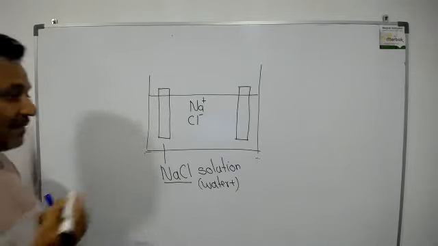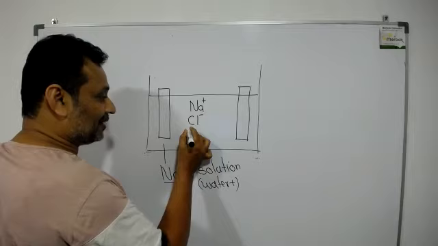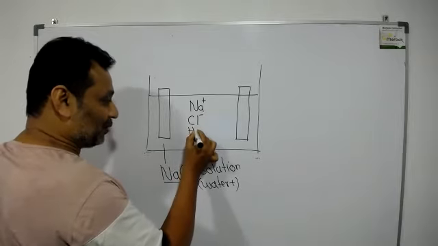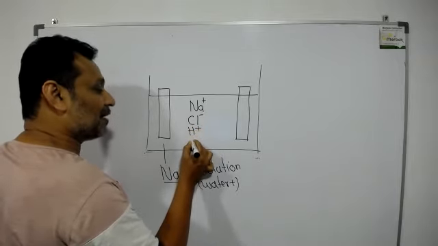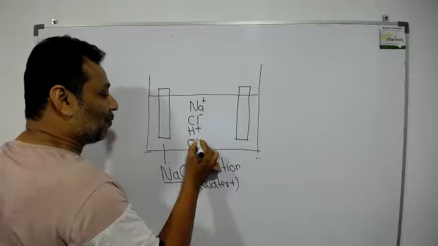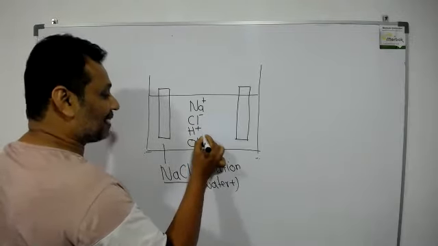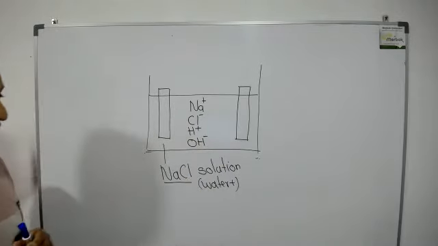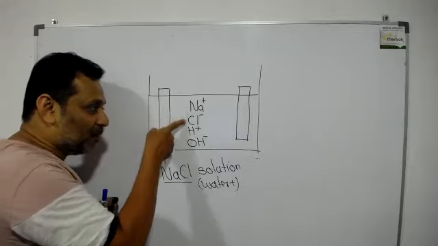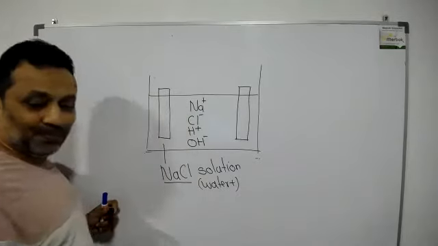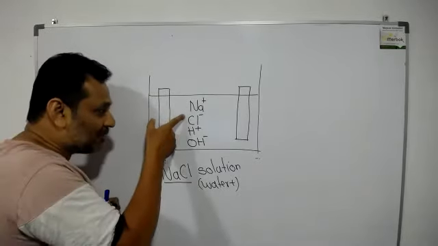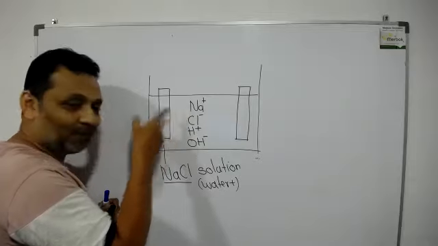Water here will produce H plus ion and OH minus ion. First two ions are belonging to whom?